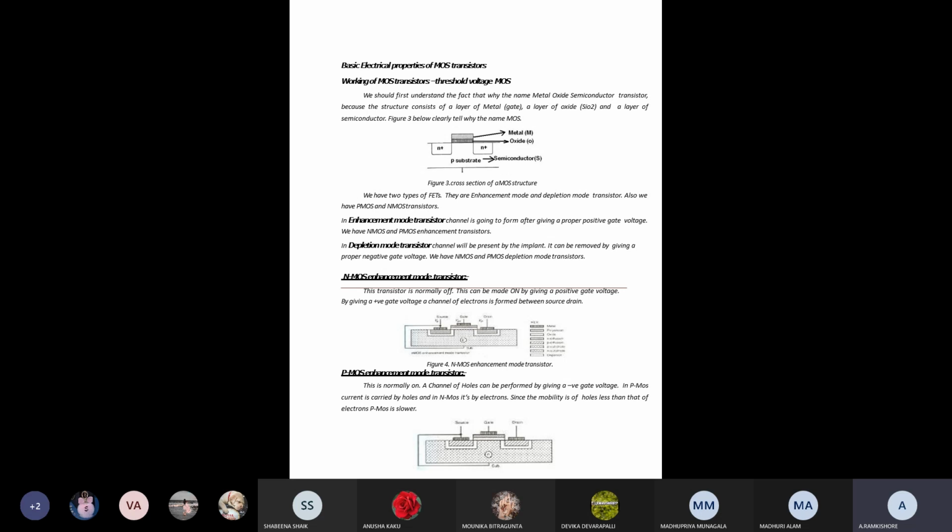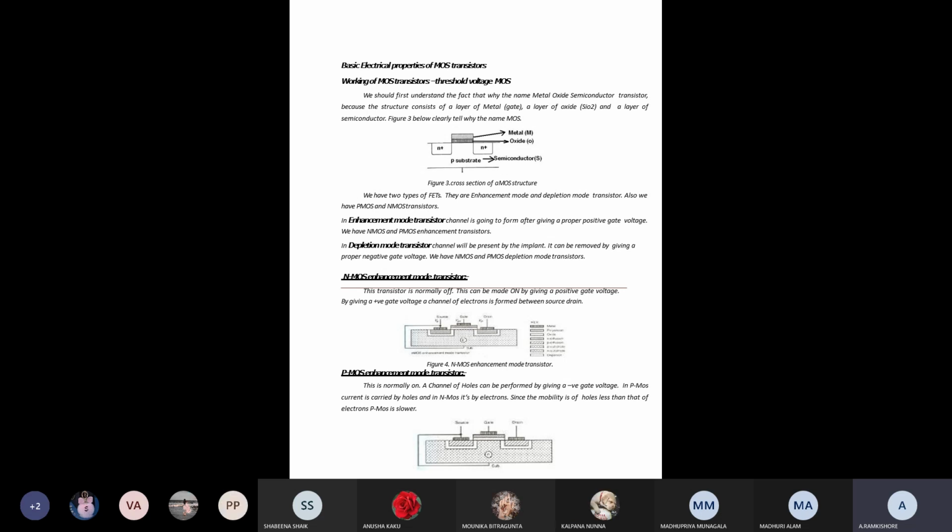Here we also have knowledge about the threshold voltage, and what functionality the threshold voltage provides in a MOS transistor.